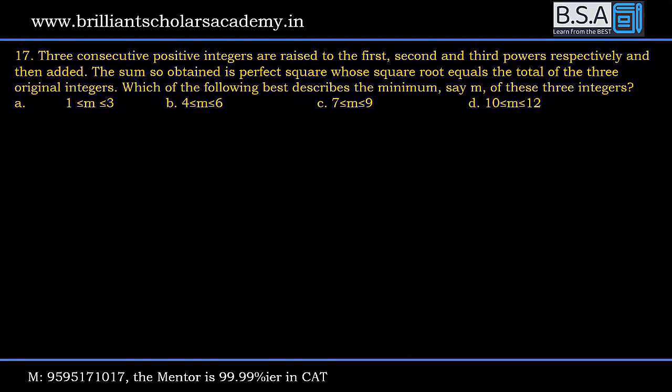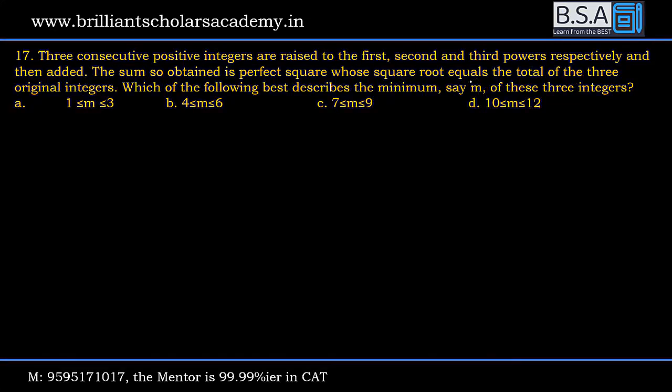The sum so obtained is a perfect square whose square root equals the total of the 3 original numbers. Which of the following best describes the minimum, say m, of these 3 integers? Read again.